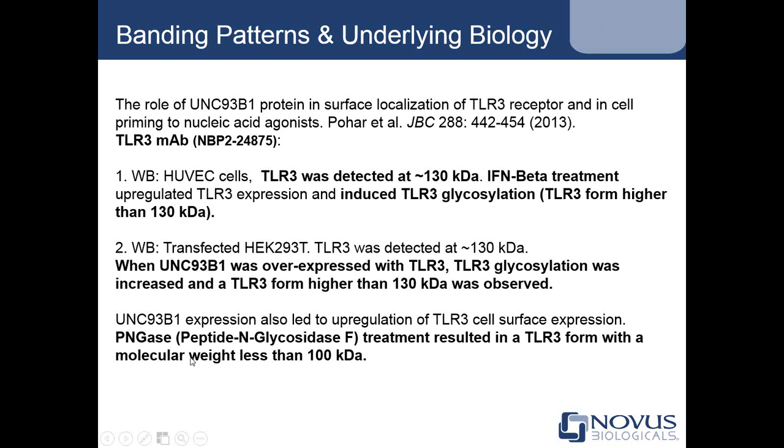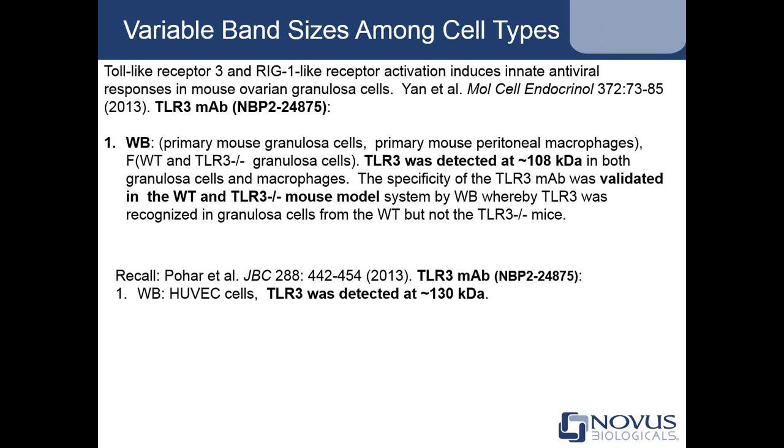So I think it's important to think about the banding patterns and what that may mean when doing Western blots, rather than, for example, jumping to conclusions and thinking that you may have seen the wrong size, because you may miss important information. And I just want to point out with this that the size that you see may depend on the cell type or model system that you're using. For example, in the HUVEC cells, I showed you that TLR3 was detected at 130 kilodaltons.